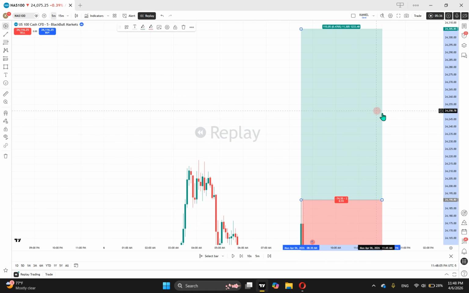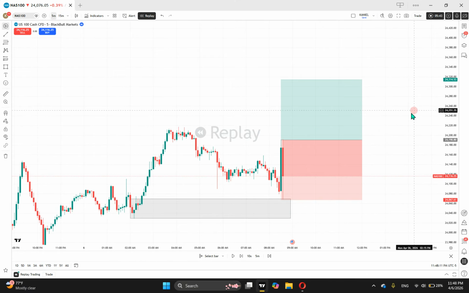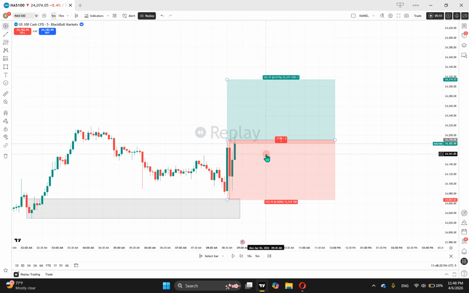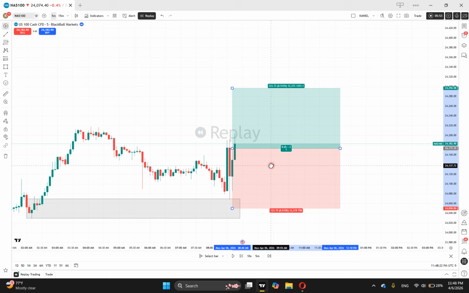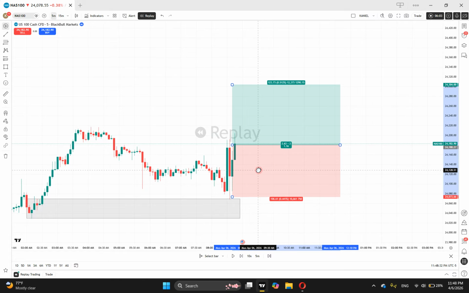So 1-1 right here. And we're waiting on the break of structure, break of candle. So we would have gotten it right here. SL a little bit up, but actually got in around here.